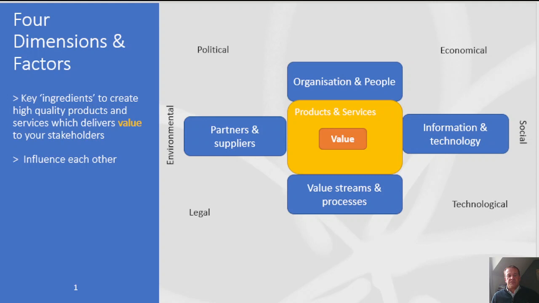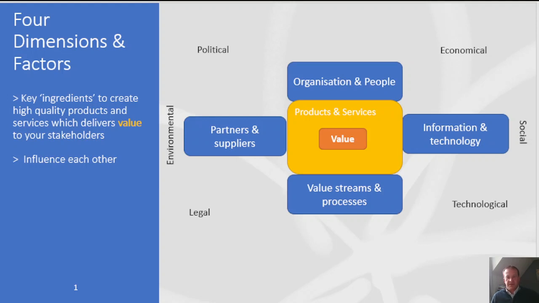On first look, you can see the word value right in the middle, and a lot of these dimensions and a lot of the factors, it's all about value. It's all about making sure that you are delivering, you are creating value for your stakeholders.